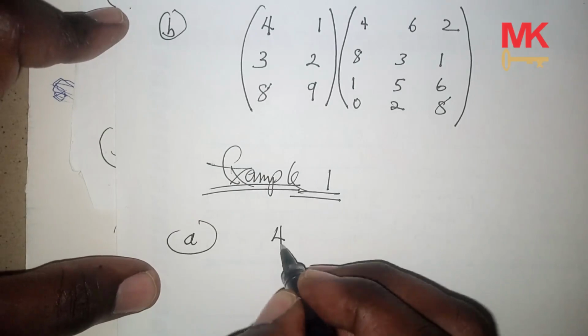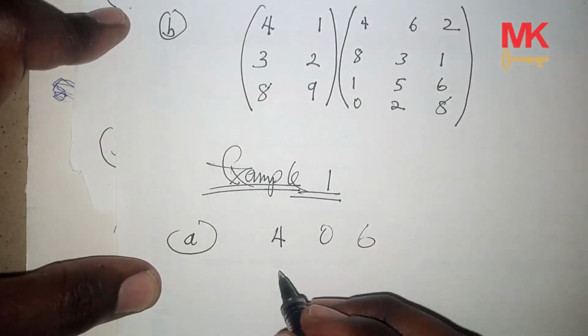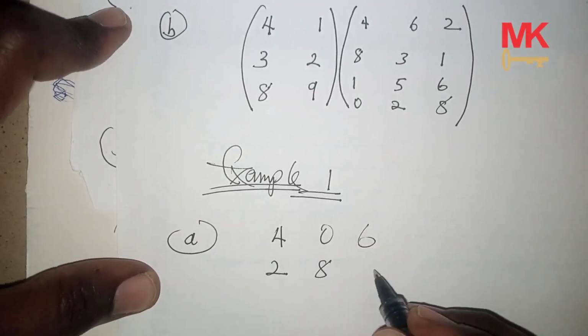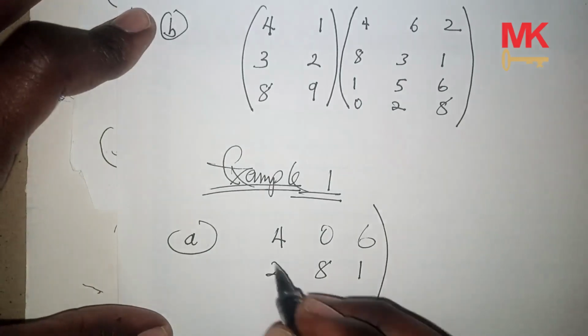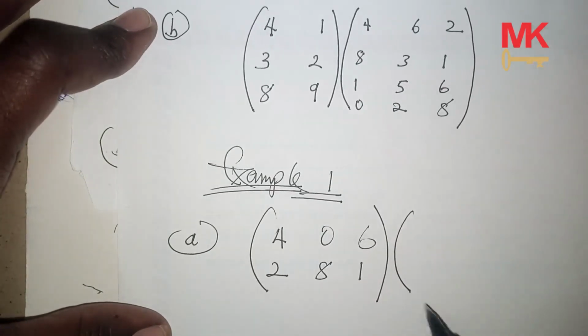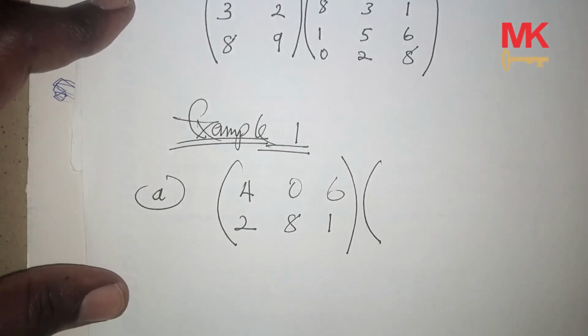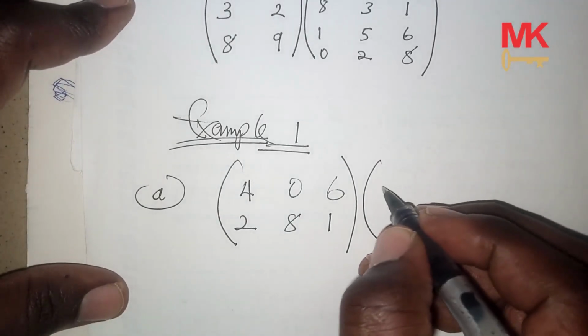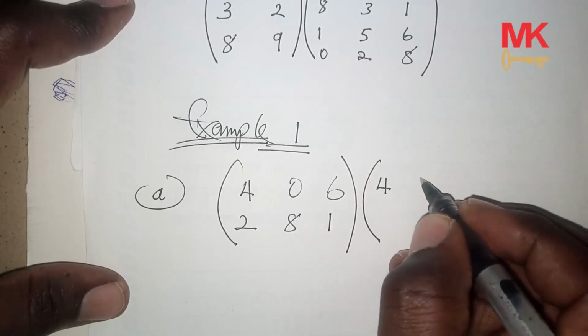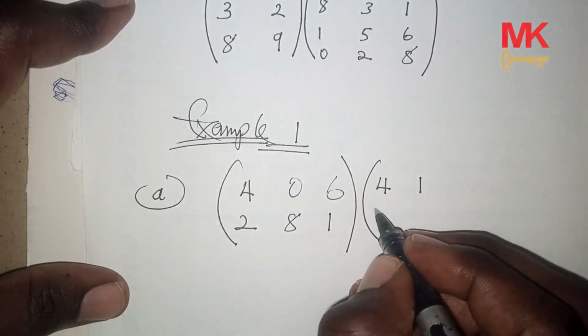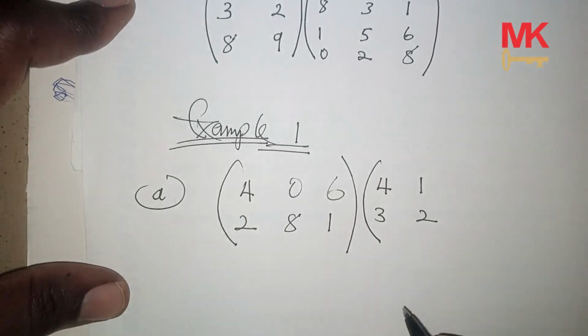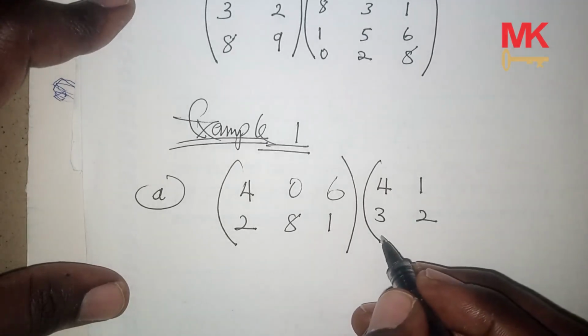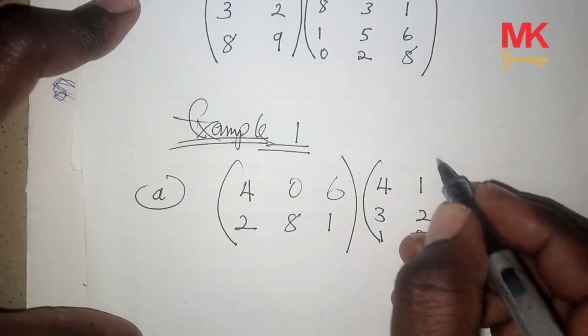Let's say I have 4 0 6 2 8 1, multiplying the matrix, let's say 4 1 3 2 and let's say 1 0.